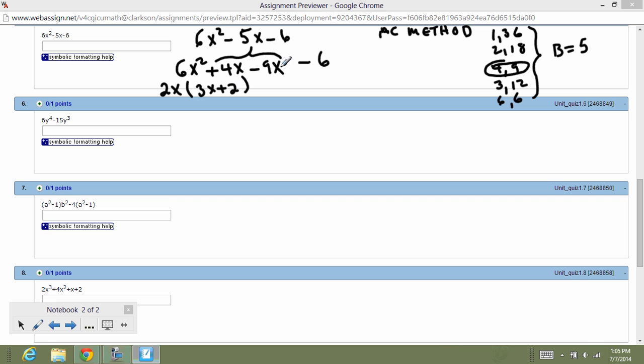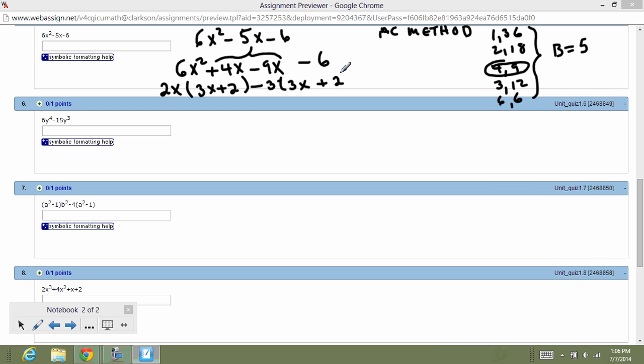And on the second pair, the minus 9x minus the 6, we'll factor out a negative 3 on that. And again, be left with a 3x because minus 9x divided by minus 3 is plus 3x. And minus 6 divided by minus 3 is plus 2.